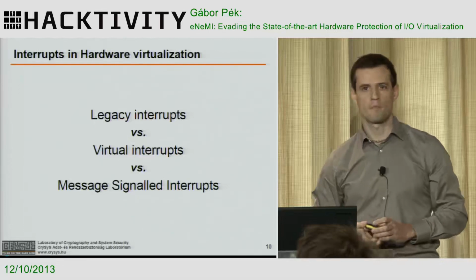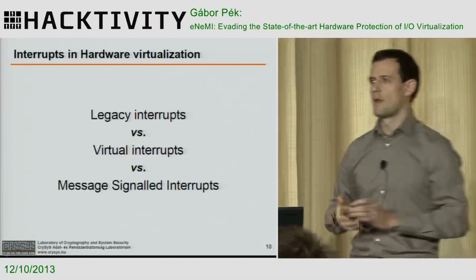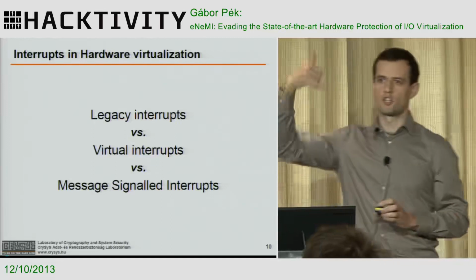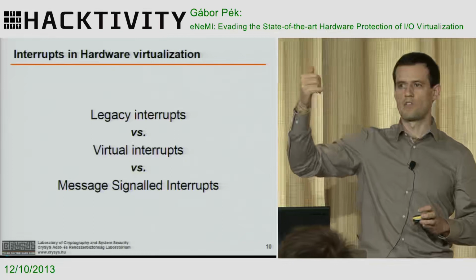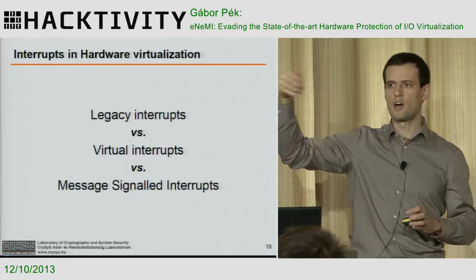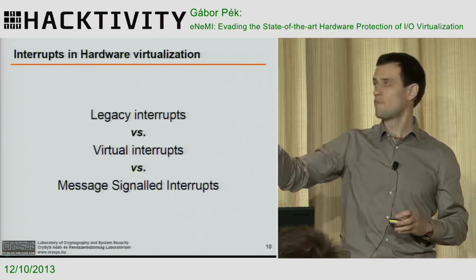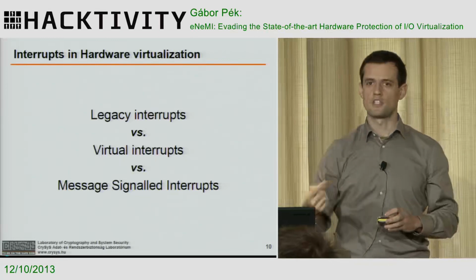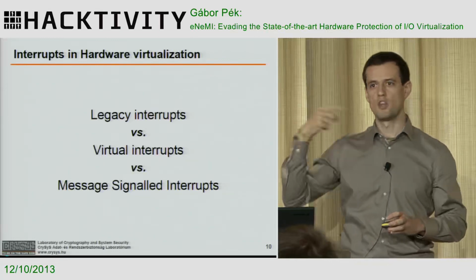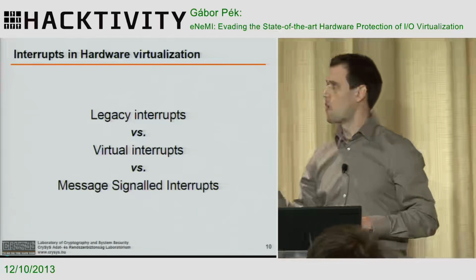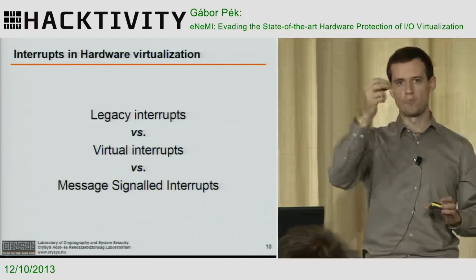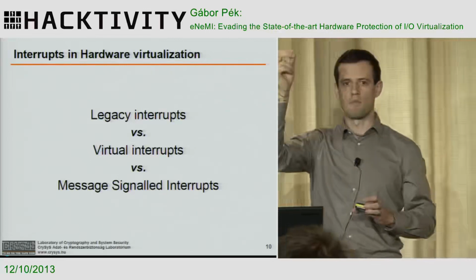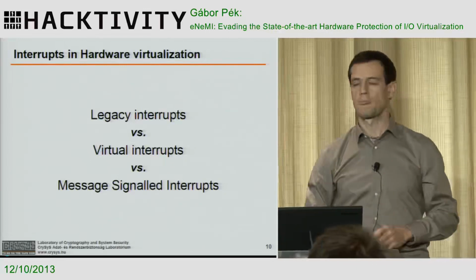Virtual interrupts are used in virtual environments, in VMs, as the device driver runs inside the VM. The virtual CPU has to be informed about the interrupt handling mechanism. So basically, the virtual CPU is going to handle everything inside the VM. This is the theory, right?